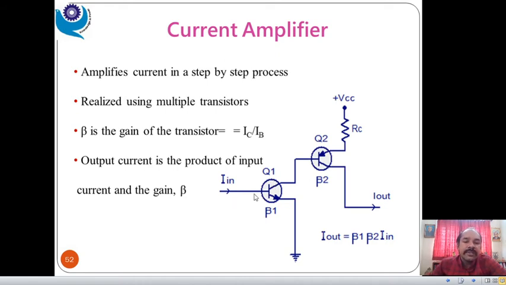For the NPN transistor, when we give the input current, the current gain of this transistor is beta 1, and the current gain of transistor 2 is beta 2. Current gain is nothing but the output current divided by the input current. Whatever input current we give, it generates the output current IC, and that amplified current is given as input to this Q2.